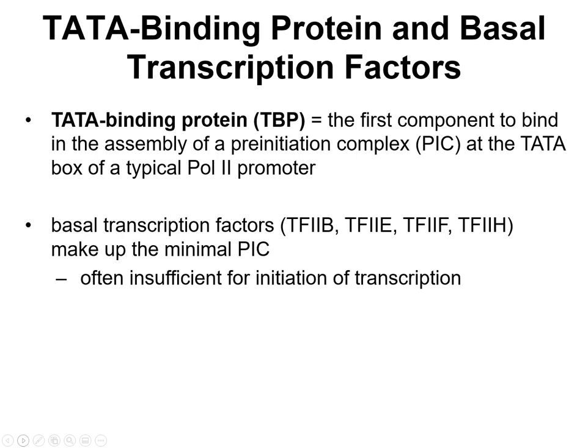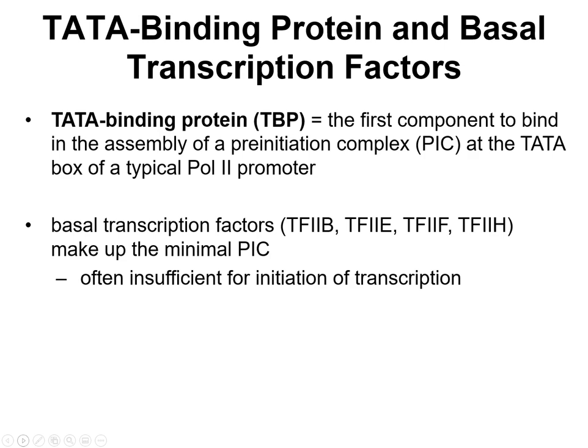Then we have the TATA binding protein, or TBP, and all the basal transcription factors, which we already talked about at length in an earlier lecture. So if that's a little bit fuzzy still, go back and revisit that. TBP is the first component to bind in the assembly of the pre-initiation complex, usually.